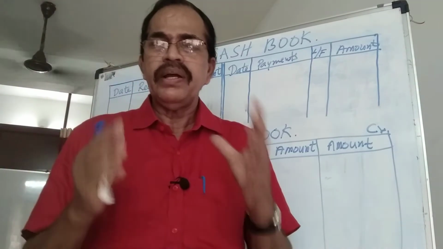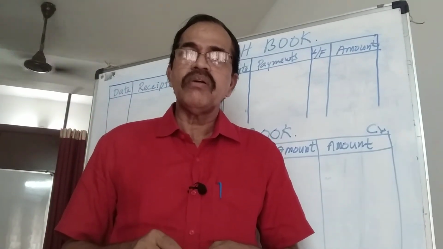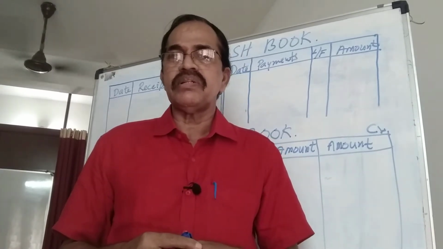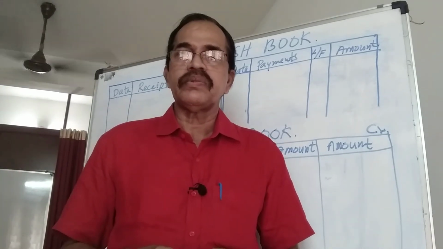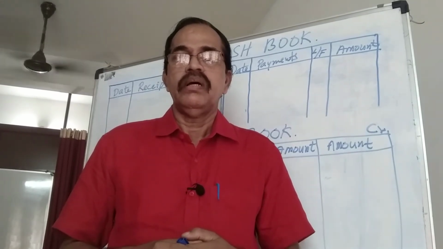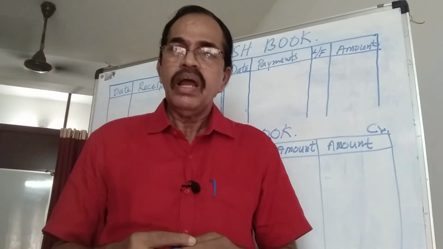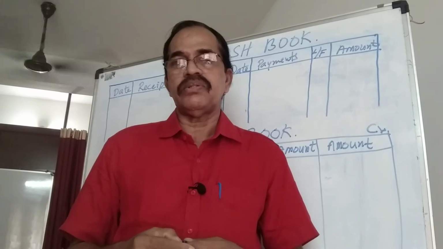Thus we find that the double entry accounting system is very costly. Only large scale business organizations can adopt this accounting system, can install this accounting system in their business. Small business concerns cannot install this costly accounting system in their businesses.